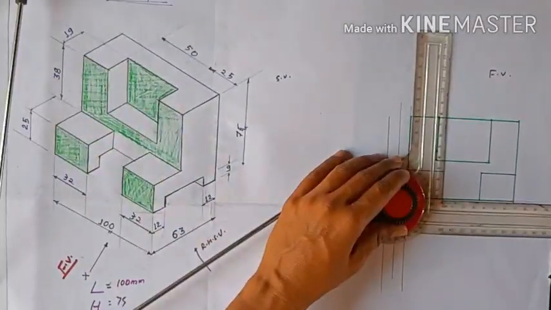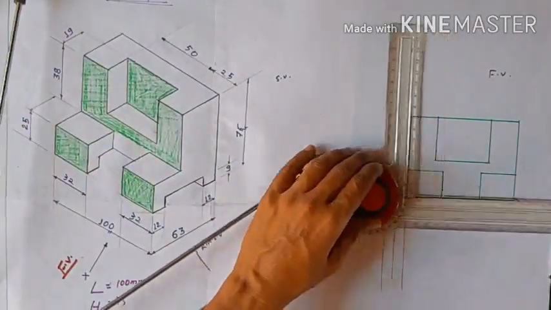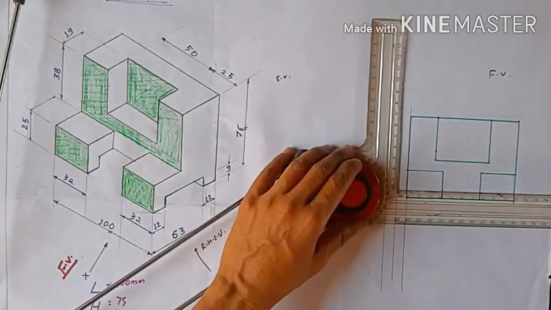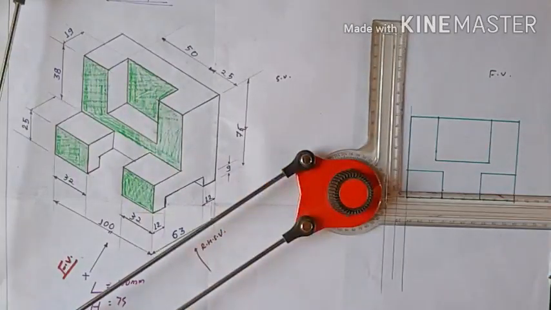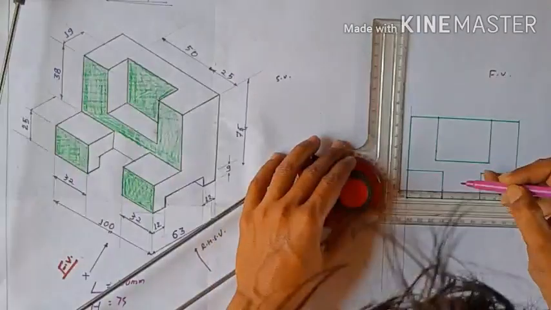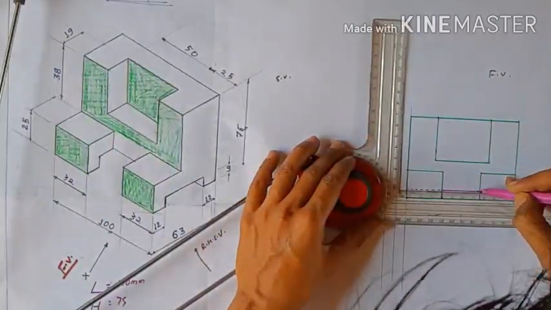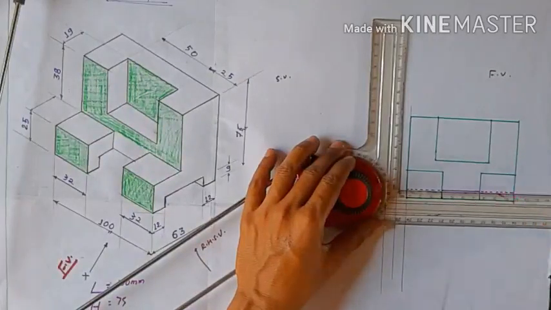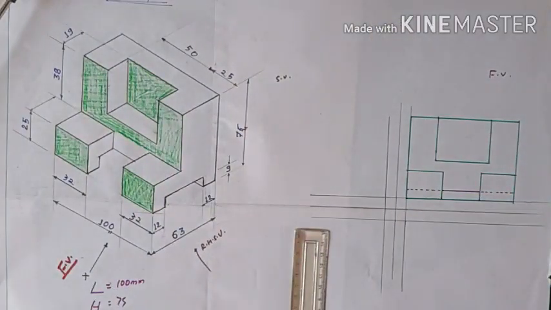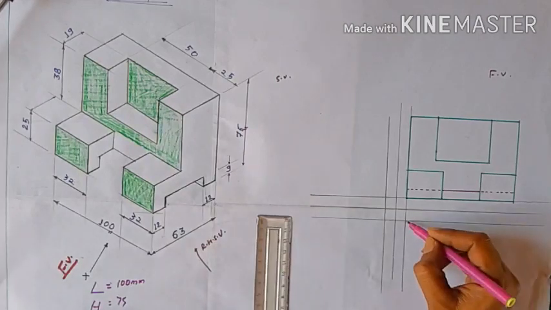Marking 9 mm above this line, it is a dashed line, so it is drawn with the other pencil. This is a dotted hidden line, this is a solid line, and again this is a hidden line. So this is the complete front view. Now we draw the top view.